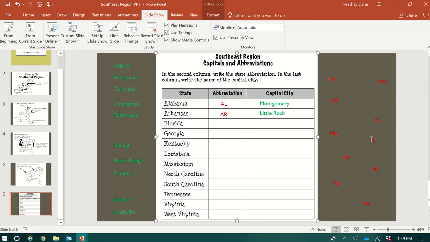Florida, you should know. Florida is capital F, capital L. Again, the first two letters of the state name, FL. Now remember when you write abbreviations, both letters are capitalized. And do you know the capital city of Florida?